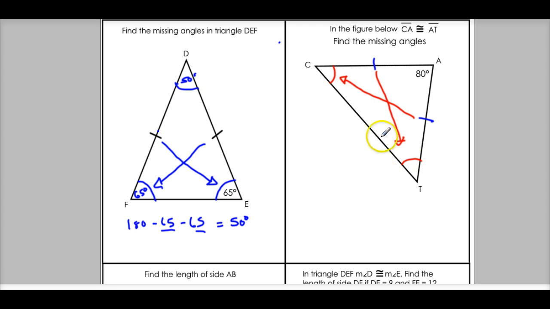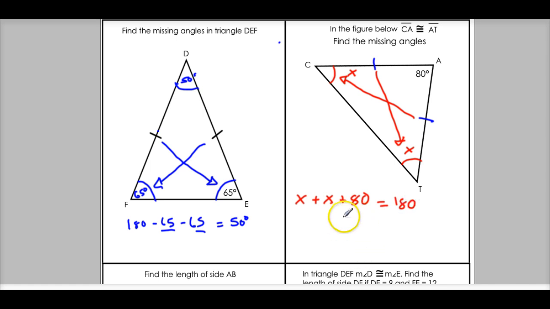Now, I don't know either of these angles, so I don't know what they are, but I can do this. When you don't know an angle, let's just put an X there. So I don't know what this angle is. Let's put X here. Since I know these are congruent, I know this also must be X. Well, now I could set up an equation because I have my three angles. So it's X plus X plus 80, the three angles, equals 180 degrees.